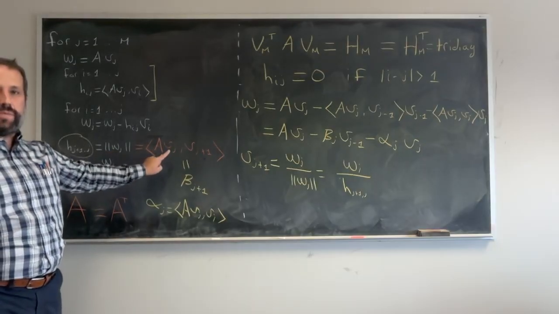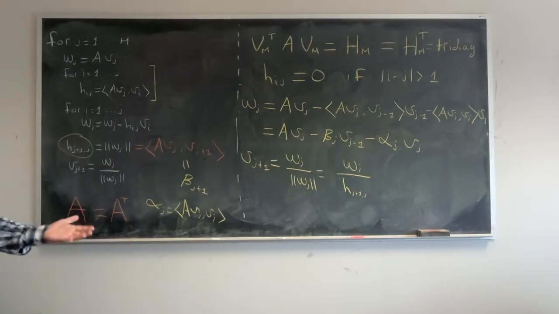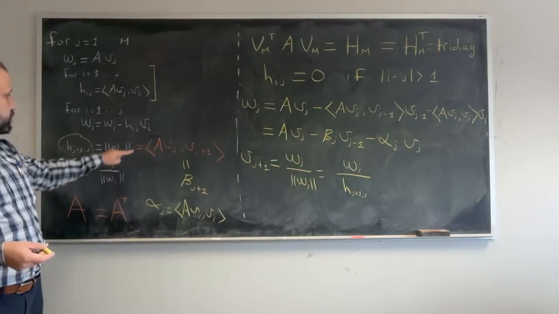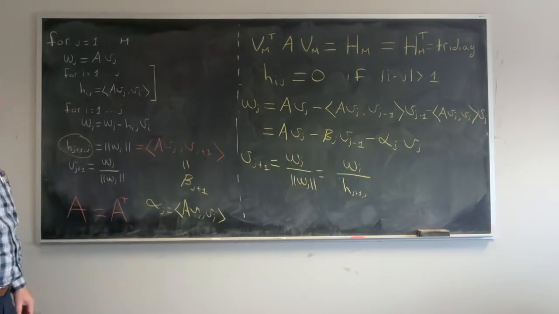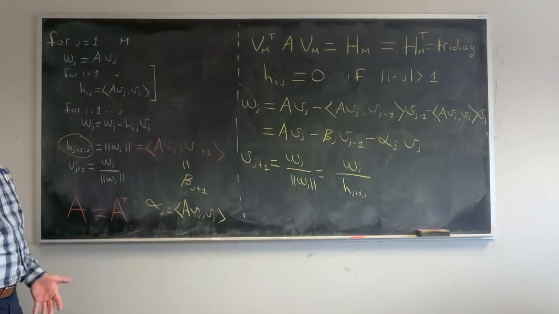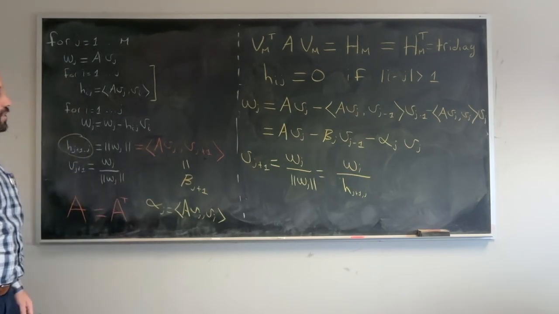Why is that? This is because we're looking at a specific case of the Arnoldi algorithm, and in any Arnoldi algorithm, the magnitude of wj is equal to h_{j+1,j}. In the Lanczos case, that is when A is symmetric, this quantity here we're calling beta j.